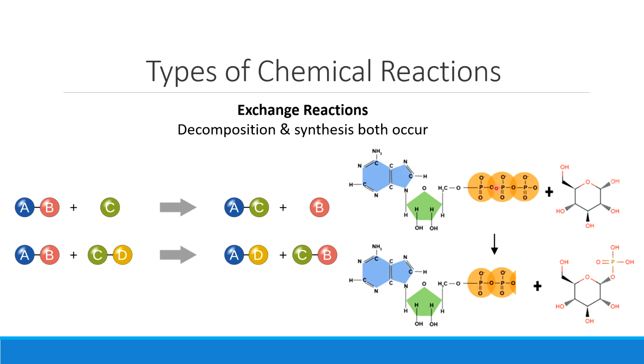When I break it down, or when I do an exchange reaction, I take this phosphate group and exchange it over here for a hydrogen. So we end up with what's called ADP and a phosphorylated compound. Exchange reactions, a combination of decomposition and synthesis, we're going to use these in the body very regularly.